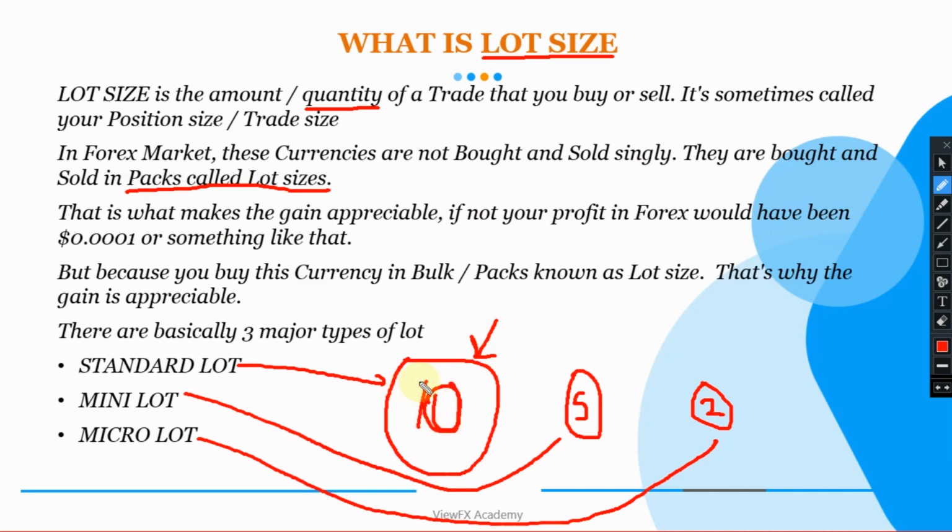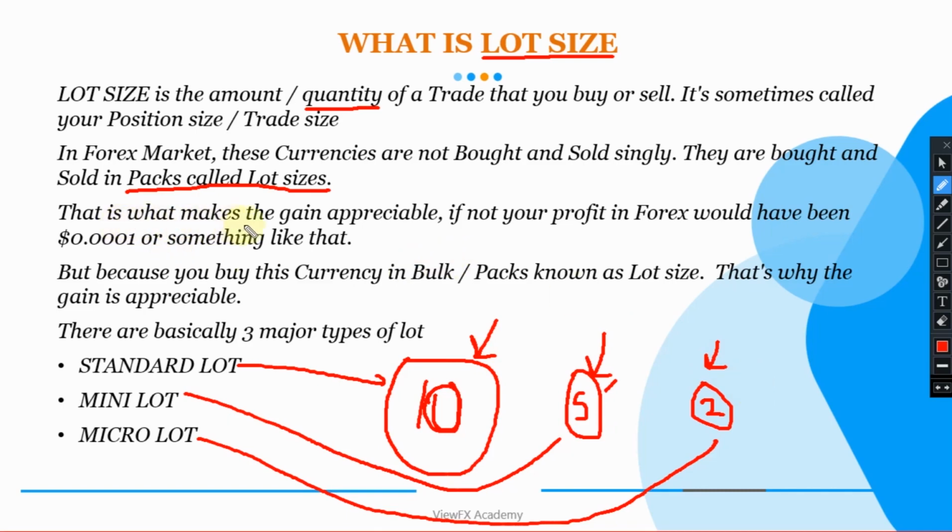And this is another circle, and inside we have more than one item, though it is smaller than the first one. And this is another circle, also smaller than this one. So they're all 3 circles, but within them are items of different sizes or packs.